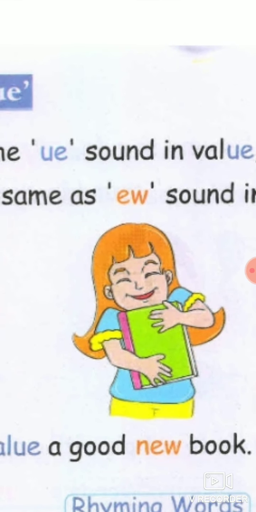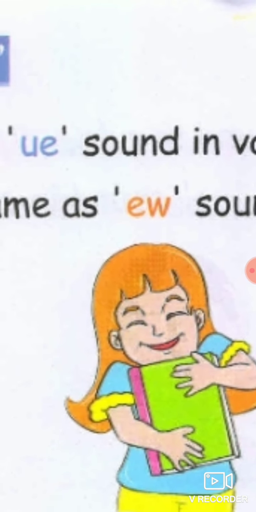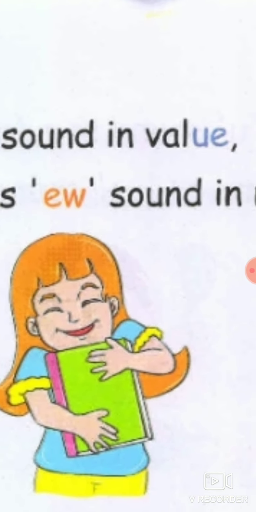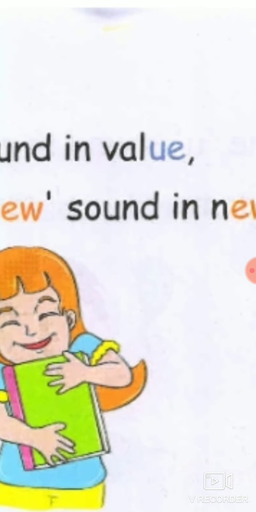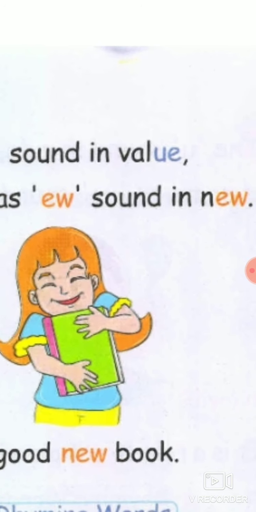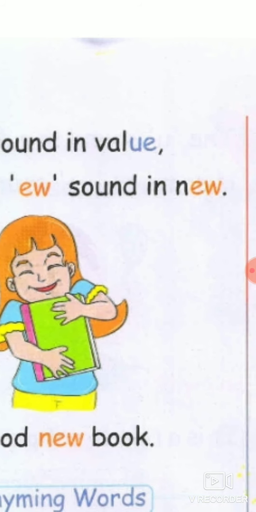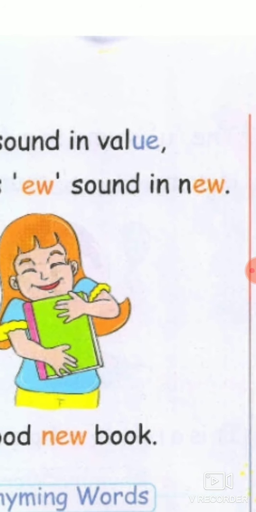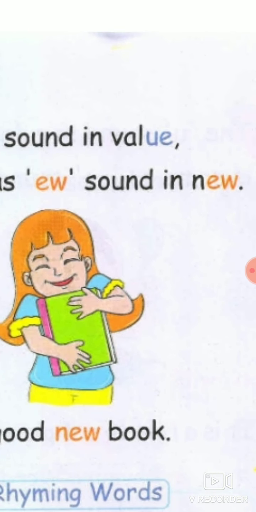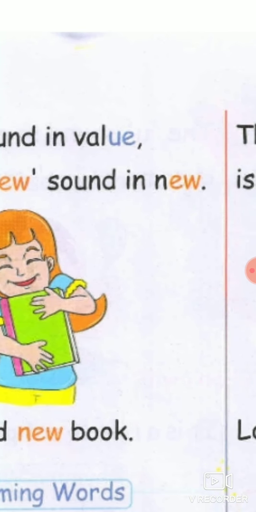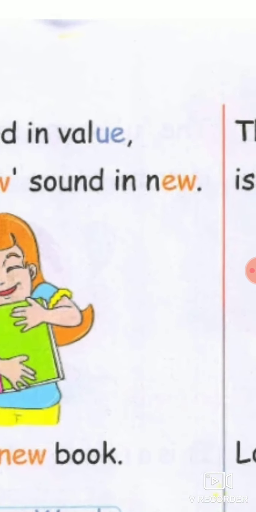Here you see the blue and orange highlighted letters UE and EW. So it is saying that in the spelling of value, UE is giving the sound OO. What is it giving? क्या sound दे रहा है sir? OO. And the orange highlighted letters is EW sound in new.